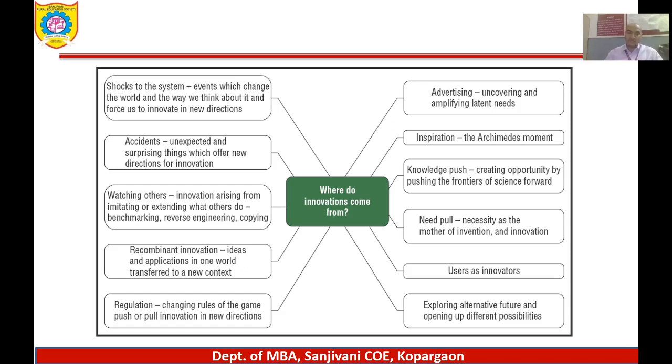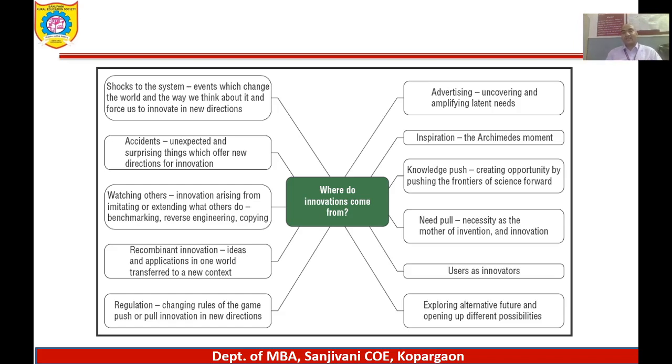Then there are applications or ideas transferred to a new context, and that can also have a recombinant innovation that will lead to innovation. Then there are rules and regulations. Every country has its norms, and the government has its own rules and regulations, and because of that the changing rules of the game push or pull innovation in new businesses.